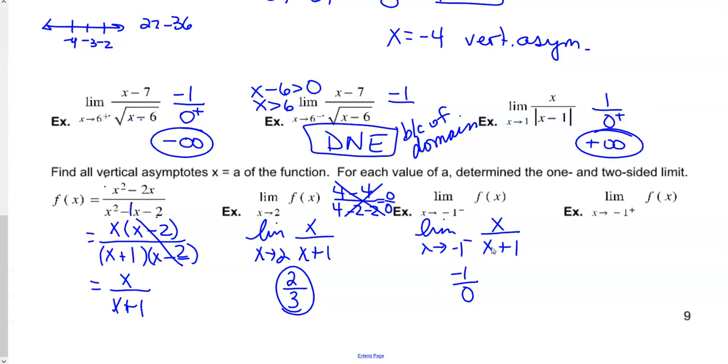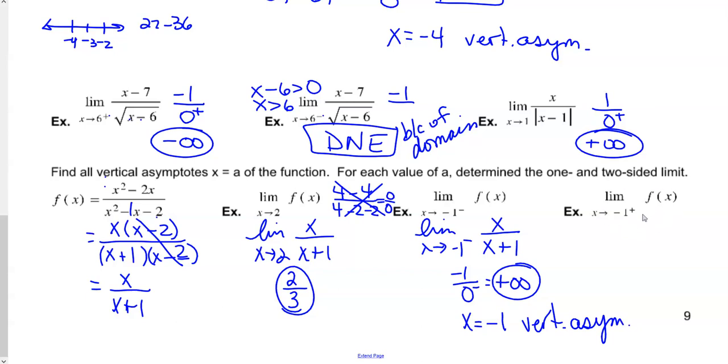So if I choose -2 plus 1, that comes out as a negative number. Therefore, this is going to be positive infinity. Now, with that answer right there, we can already conclude that x equaling -1 is a vertical asymptote. If you have an answer of plus or minus infinity, it will be a vertical asymptote.